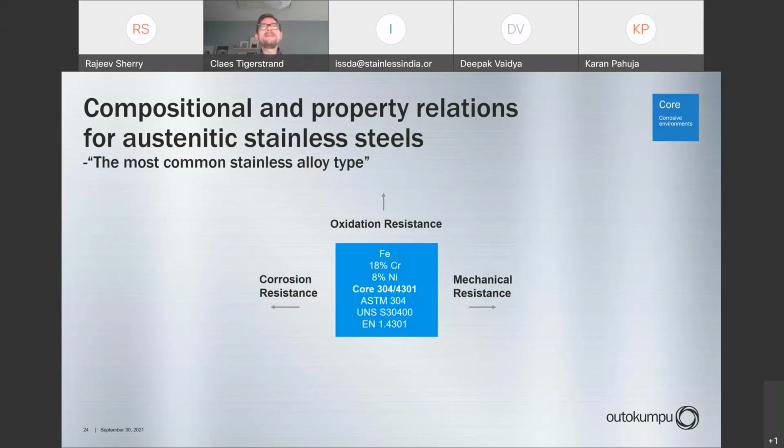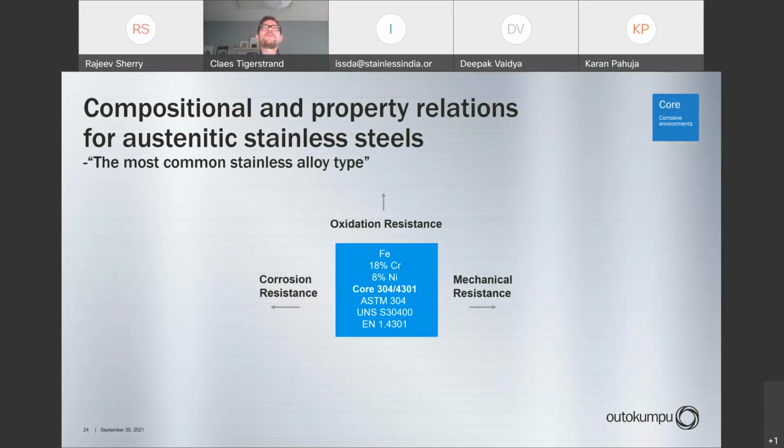So if we have this grade as the starting point, we can consider: if we want higher mechanical resistance, what type of grade do we have then? Or if we want higher corrosion resistance, what do we do then? And what options will we have? Or we can go for higher oxidation resistance by adding some elements to see which type of grades we will get then. But starting from the type 304, we have the most important grade of the Core range.